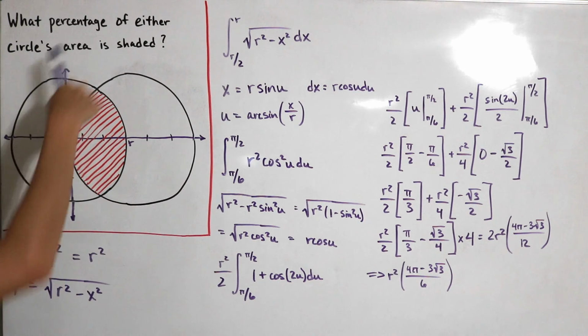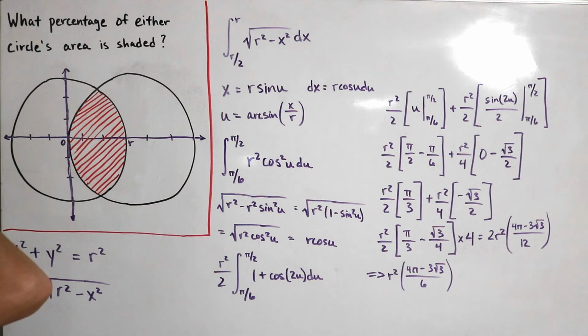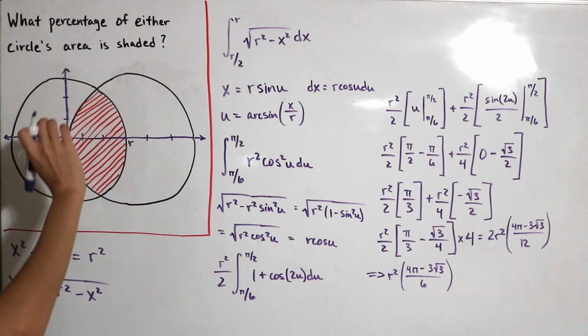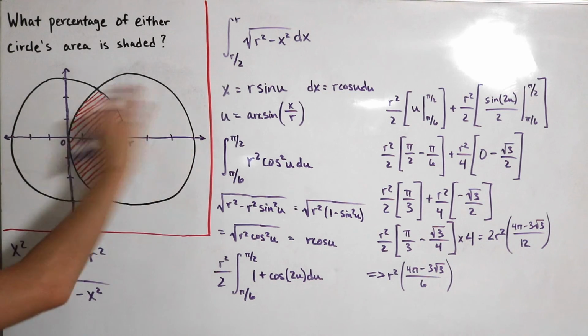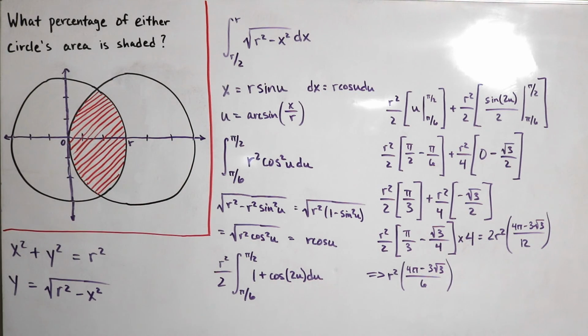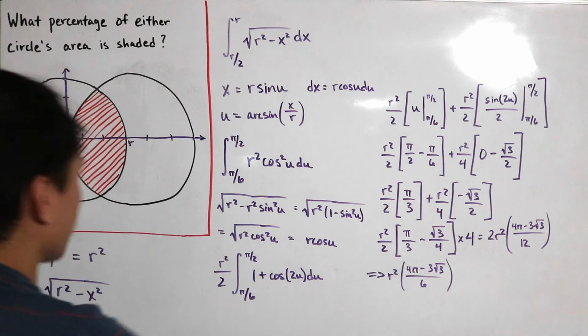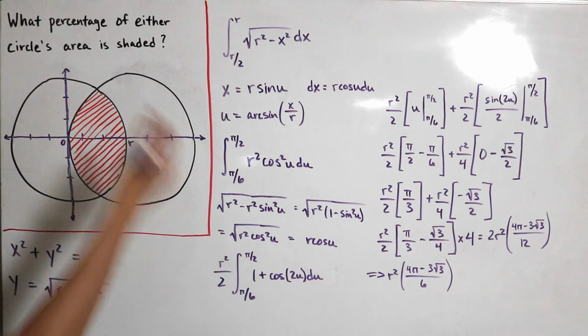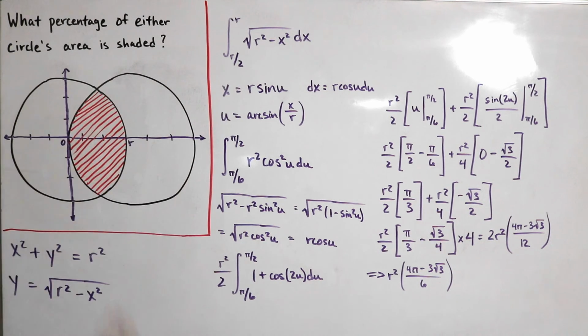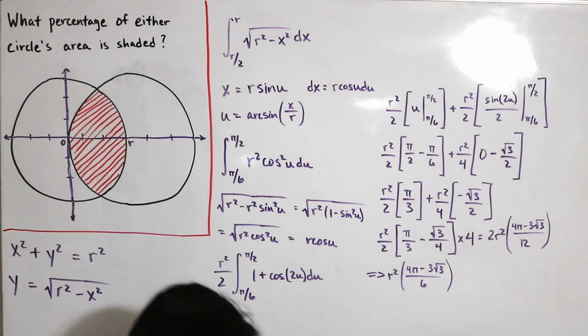But since we're asking for a percentage, we have to calculate the ratio. So if we take the intersection area over here, and divide it by the entire circle, either one, we know that the formula for the whole circle is pi r squared. So I take this and divide by pi r squared, and we get our ratio. Since it's in terms of percentage, you just multiply by 100. That's the last step we need to do.